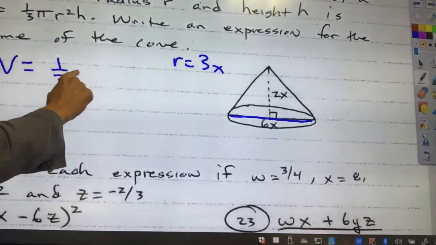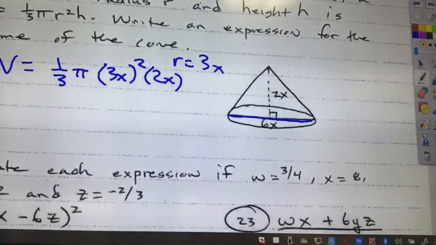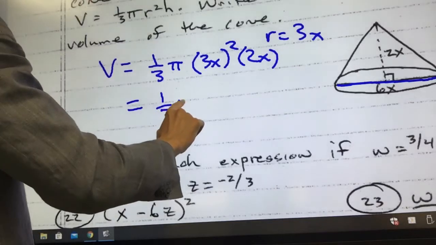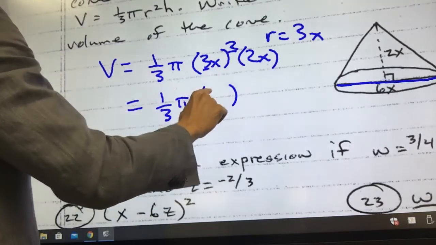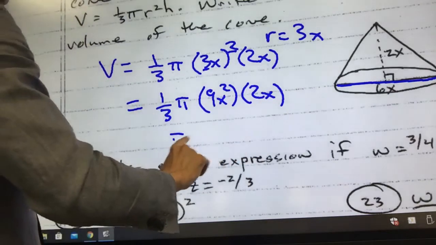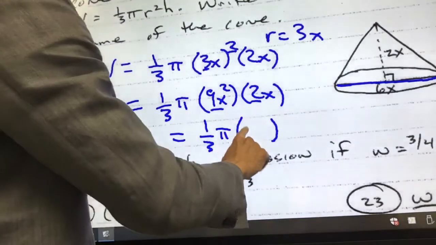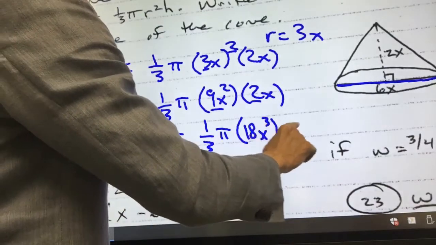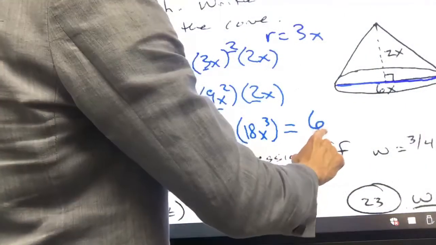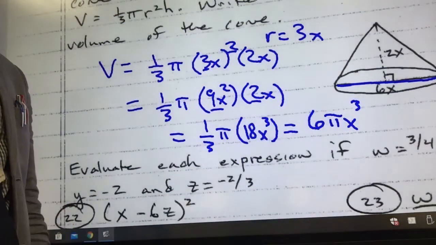Volume is 1/3 pi the radius squared times the height. 1/3 pi. 3 squared is 9. x squared is x squared times 2x. 1/3 pi. 9 times 2 is 18. x squared times x is x to the third. 1/3 of 18 is 6 pi x to the third units cubed.